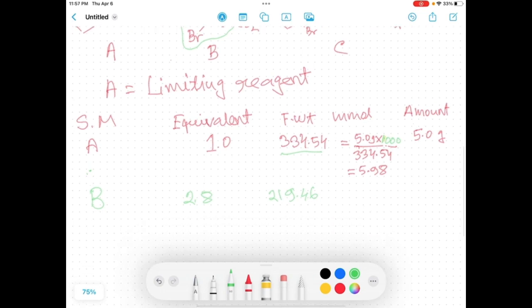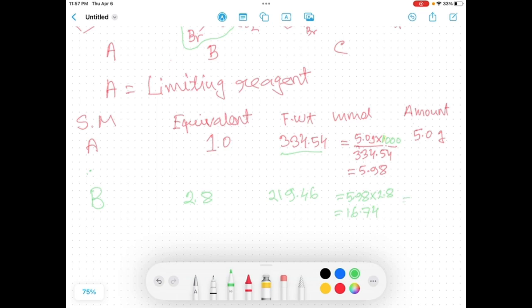Now the limiting reagent millimole is 5.98, but the B will be that 2.8 equivalent of that millimole. So I want to say like 5.98 times 2.8. So it will be 16.74 millimole.